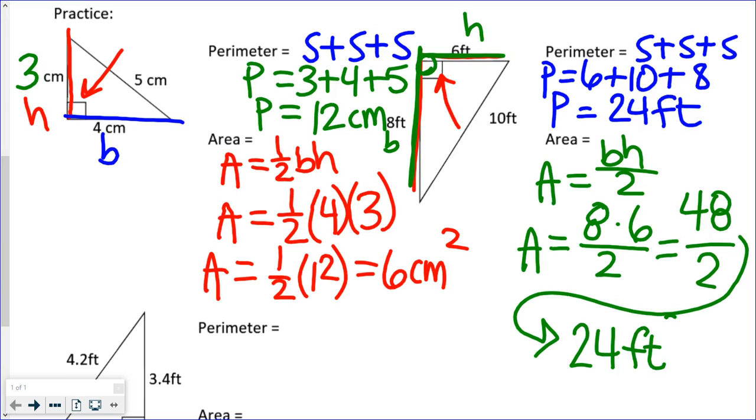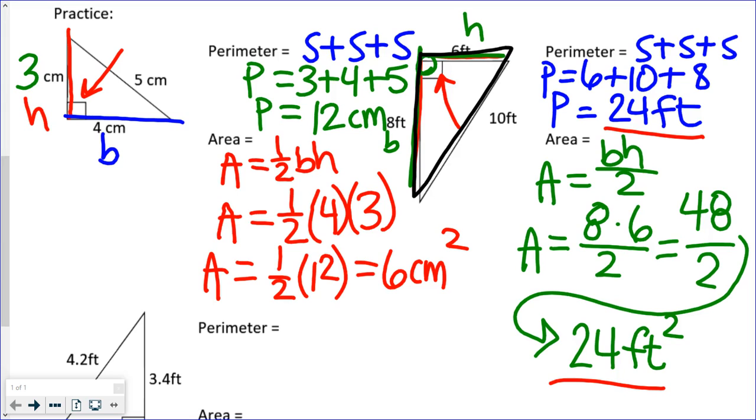But it's area, so it's not just feet, it's feet squared. This is something important. Both of those have an answer of 24. However, both of them are completely different things. What the first one, the perimeter, is: if you were to walk this, you would walk 24 feet to get around that.